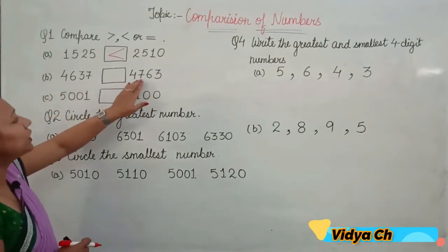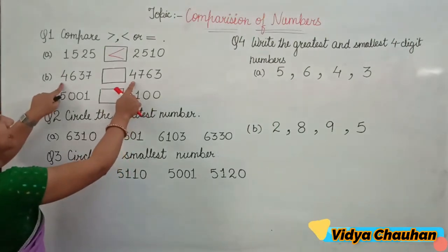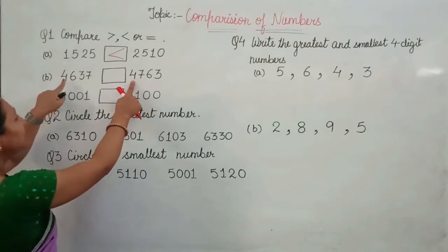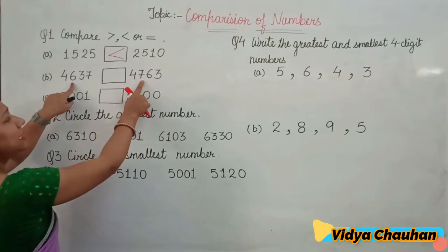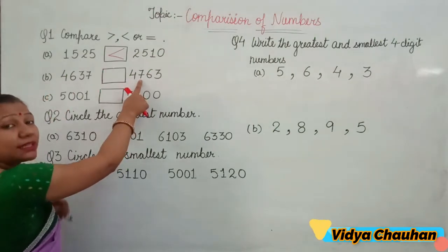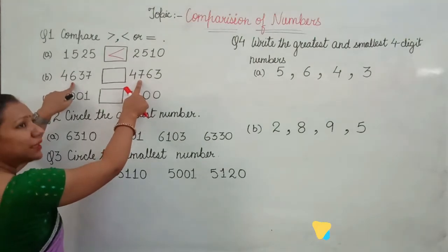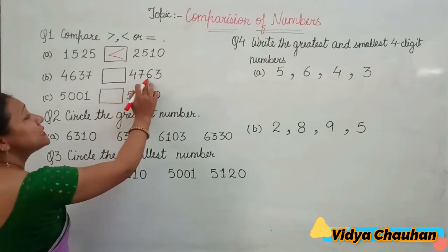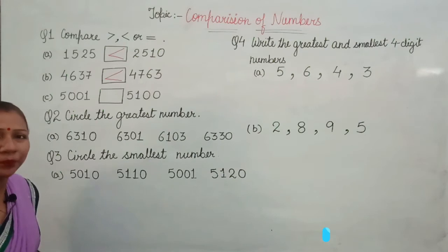Next, 4637 and 4763. Once again, when you compare the first digit at 1000 place, 4 and 4 both are equal. Comparing the next digit at 100 place, here we have 6 and the next number has 7. So which digit is greater? 6 is greater or 7 is greater? Yes, 7 is greater. So hence you can say that 4763 is the greater number.